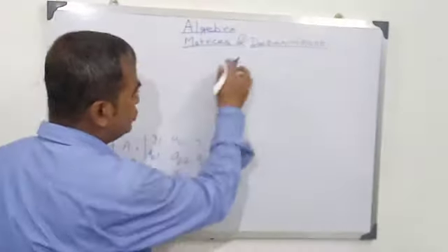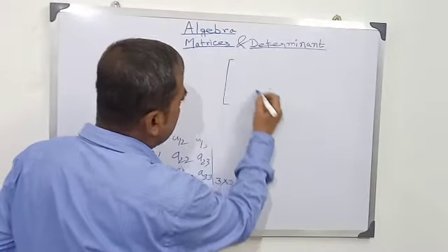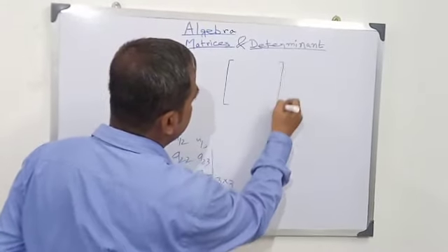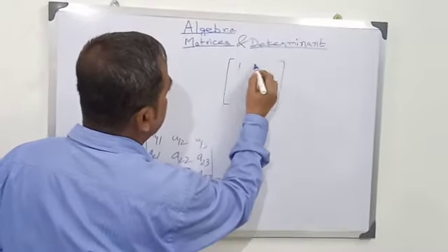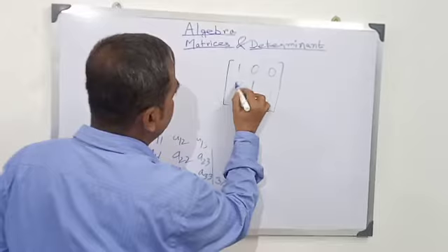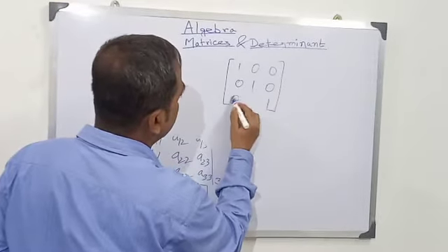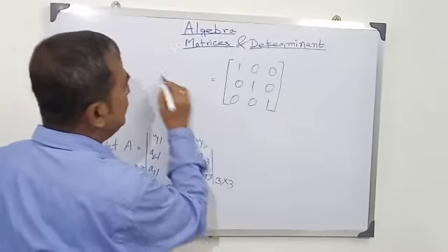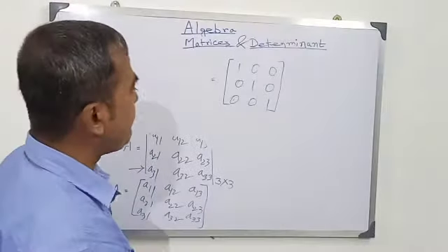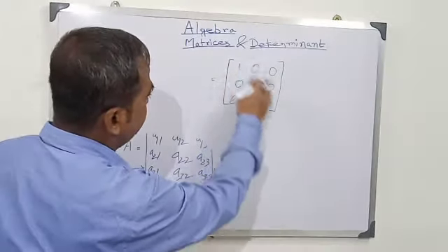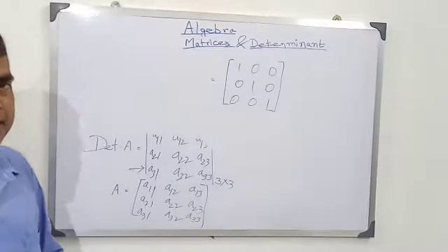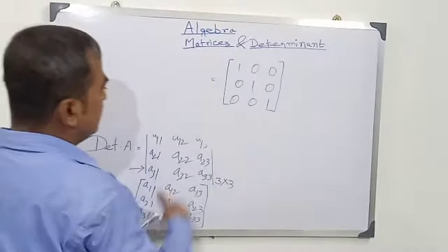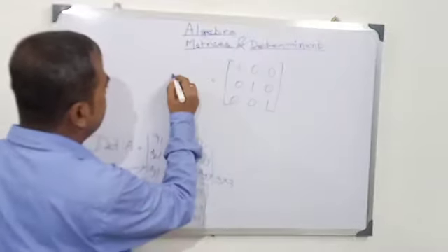A diagonal matrix means it should be a square matrix, and diagonal elements are unity, other elements are 0. When all diagonal elements are unity, this is called the diagonal matrix or the unit matrix.